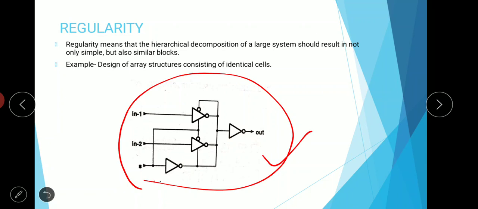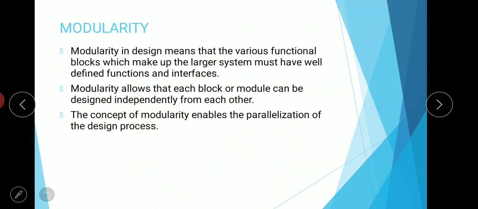Next we discuss modularity. Modularity in design means that the various functional blocks which make up the larger system must have well-defined functions and interfaces. An integrated circuit broken into smaller submodules allows for easier management.